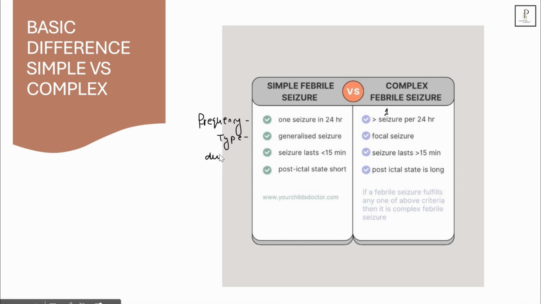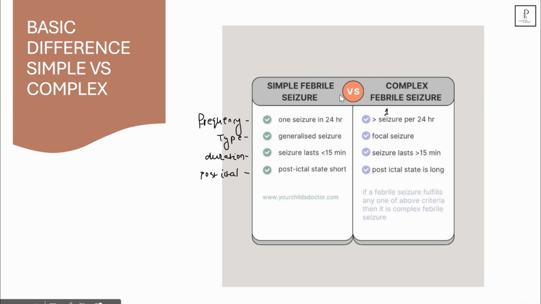The duration of seizure is less than 15 minutes. And the post-ictal state is either absent or short. Post-ictal state is the state immediately following a seizure when the child will be confused or drowsy. In simple febrile seizure, this duration will be short or absent.